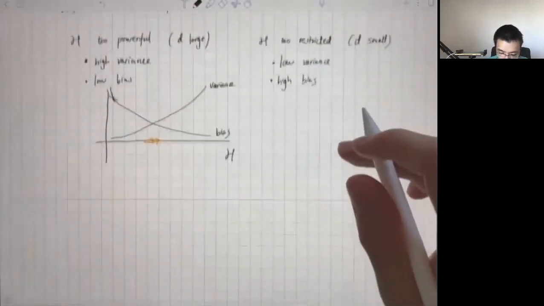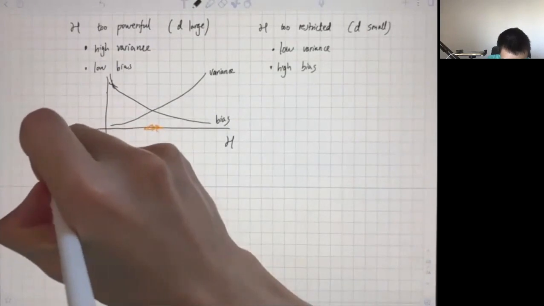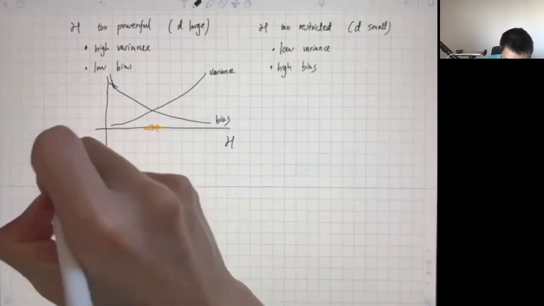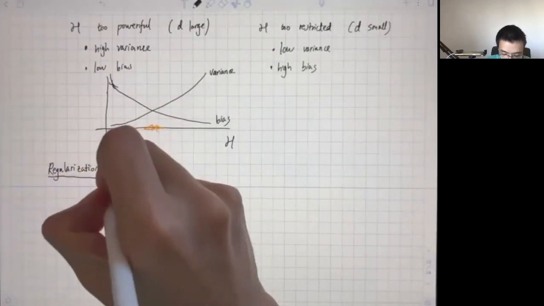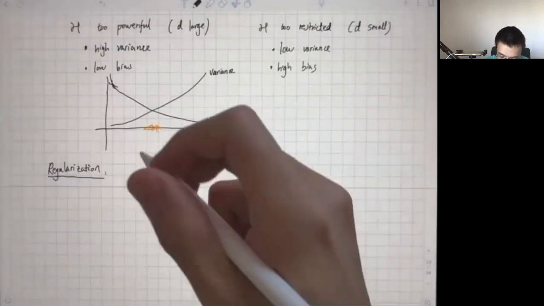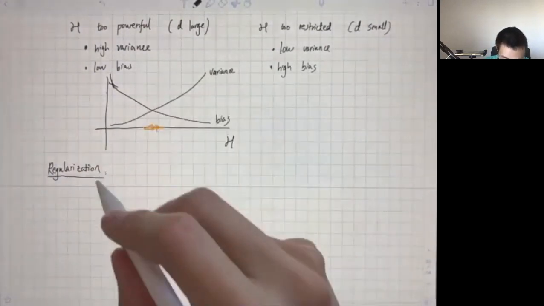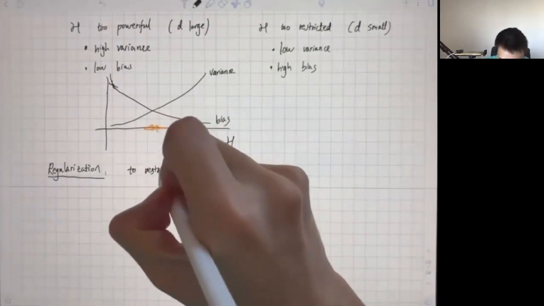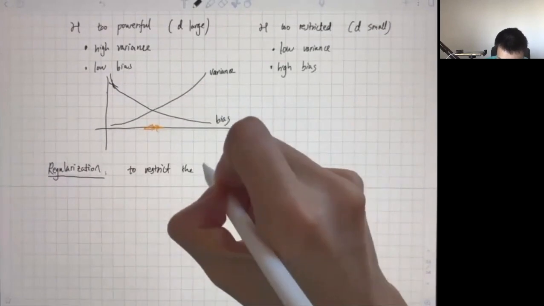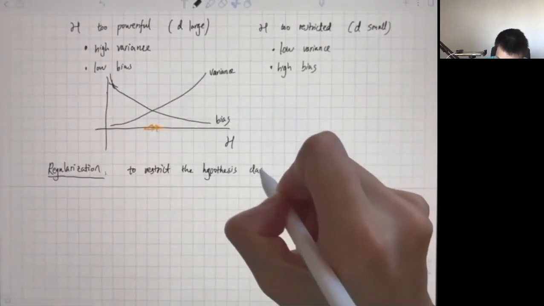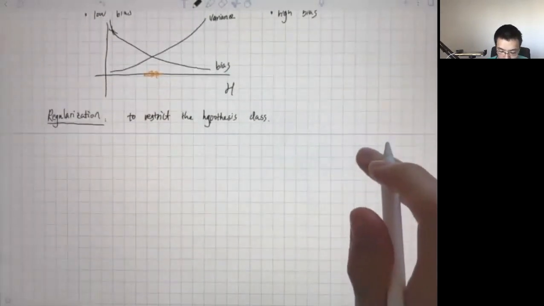So in this lecture, we are going to talk about regularization. Regularization is just a way of restricting your hypothesis class, but in a clever way. The main idea of regularization is to restrict the hypothesis class.